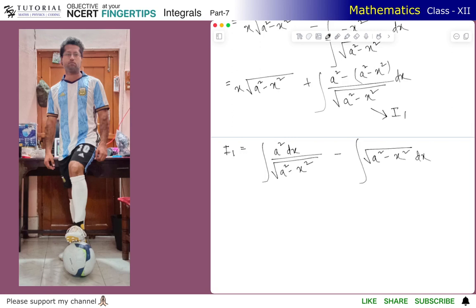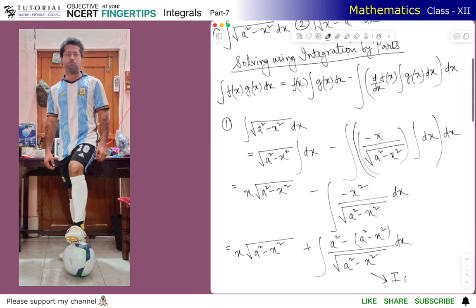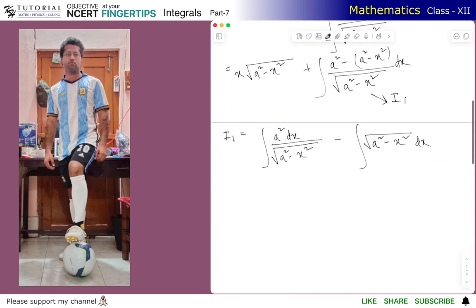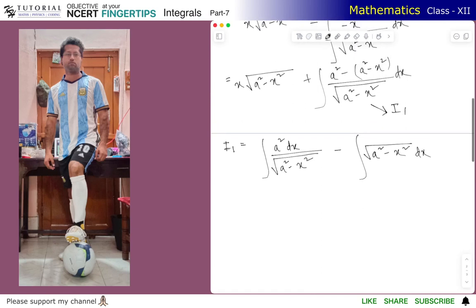Now over here the second term is again back to the original integral that we are trying to solve, right? So let's call this I. And now the integral of 1 by square root of a square minus x square is a standard result which we need to remember. It's short, it's not that complicated.